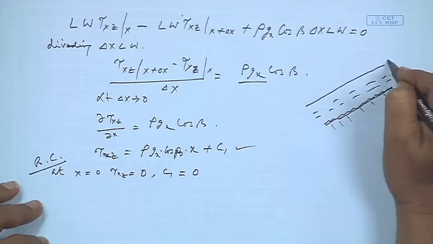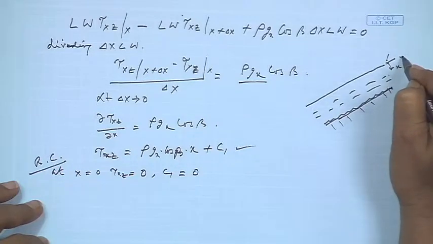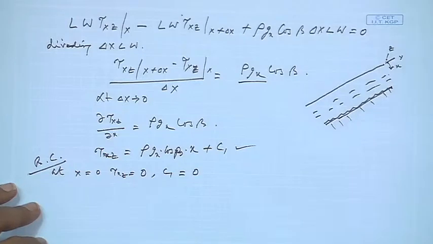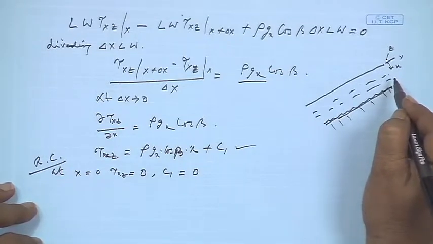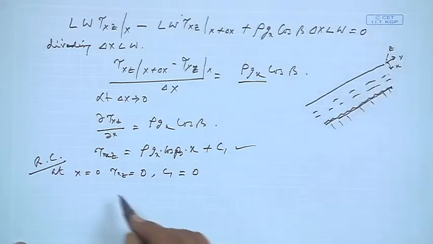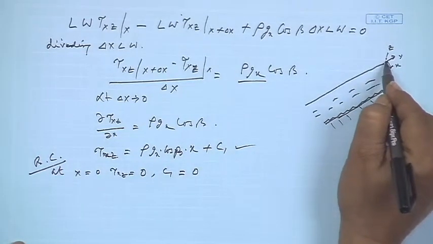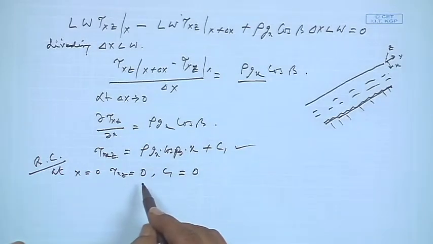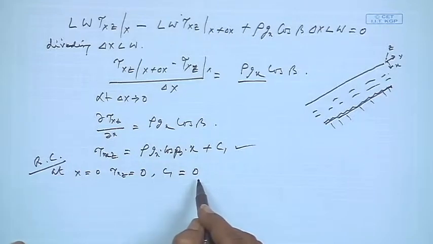We took our coordinates here: this is x, this is y, or z, whatever. So at x equals 0, tau xz is equal to 0, and that is why C1 equals 0.